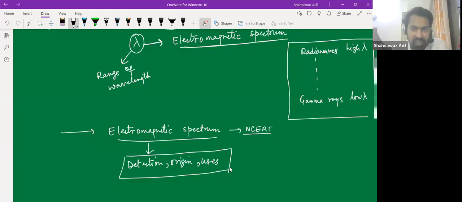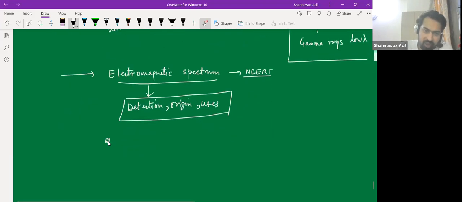The light we see in our daily life is also an electromagnetic wave, and that also has a particular range. For example, this light lies in the visible range because we can see it.